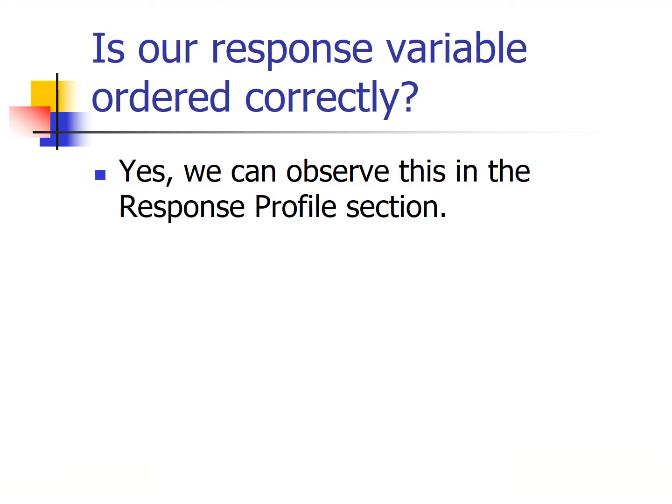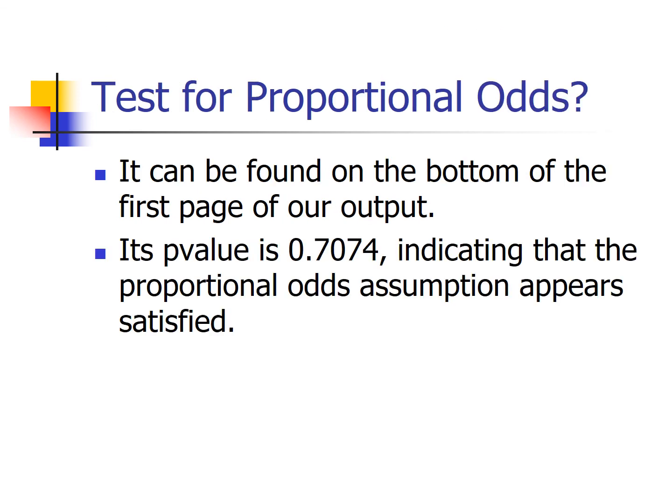So walking through our steps, first thing is our response variable ordered correctly. I forgot to point that out when I looked at the output, but if you go back and look at the output, which you should, you will see that they were ordered correctly.